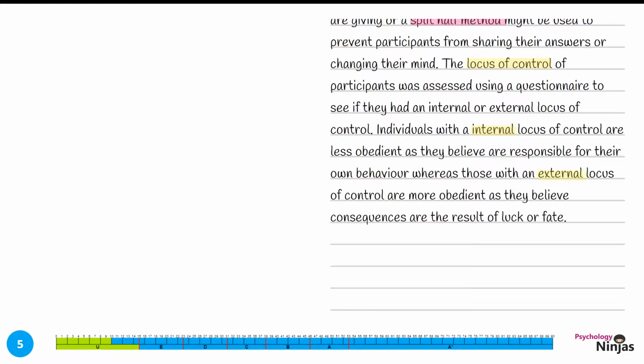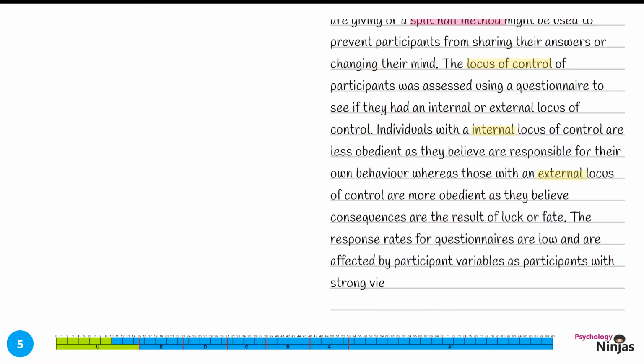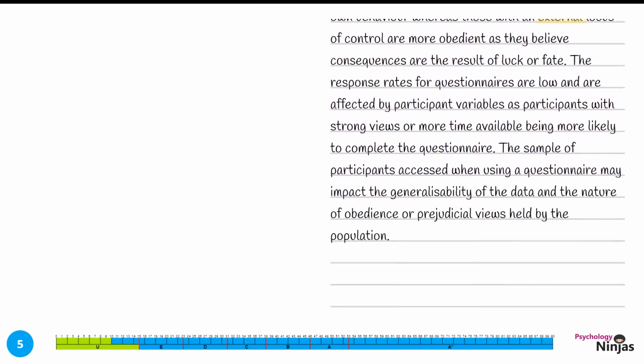It's time to evaluate questionnaires once again. The response rates for questionnaires are low and are affected by participant variables, as participants with strong views or more time available being more likely to complete the questionnaire. The sample of participants accessed when using a questionnaire may impact the generalisability of the data and the nature of obedience or prejudicial views held by the population.